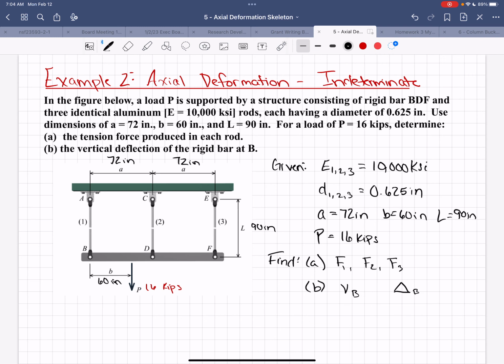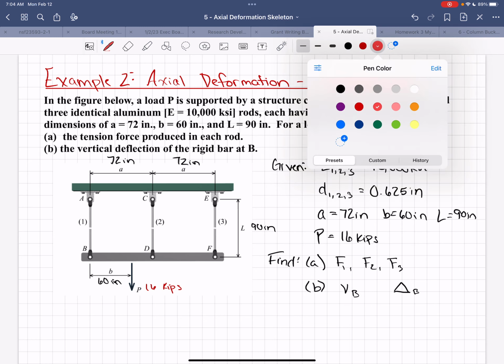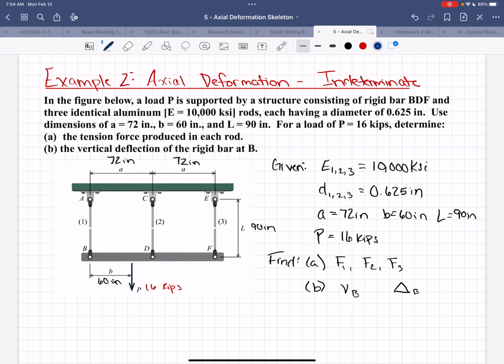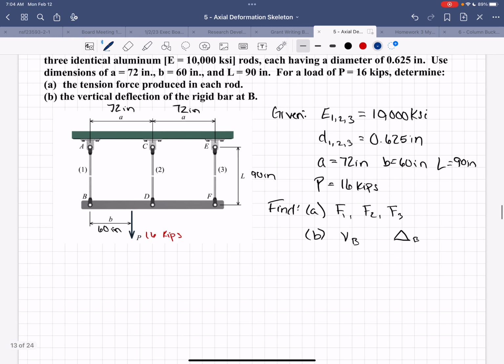So when we think about our equation that we use for deformation, we use delta equals the force times the length all over the area times the elastic modulus. And in this case, this will be an actual deformation because it's going to be how much B moves due to that.